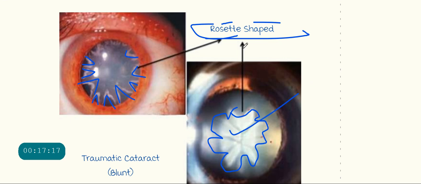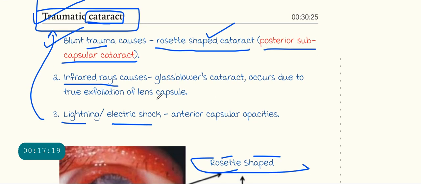Okay, the next cause could be infrared radiation. This leads to glass blower's cataract. So the first cause was blunt trauma, leading to rosette shaped cataract.